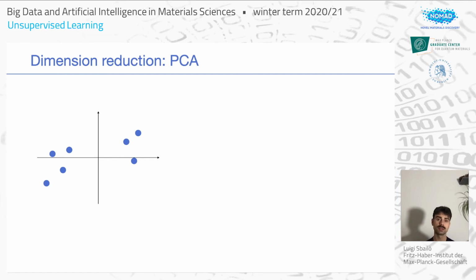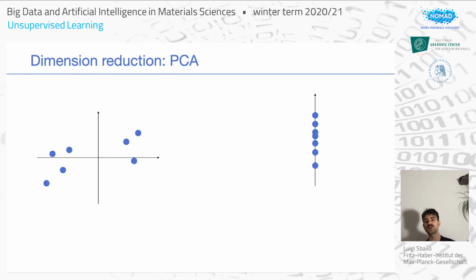And now, rather than finding clusters, we would like to project this dataset onto a one-dimensional embedding space. As a random guess, we project this data onto the y-axis. And this is what we would obtain. So we would see all particles next to each other and next to the center.